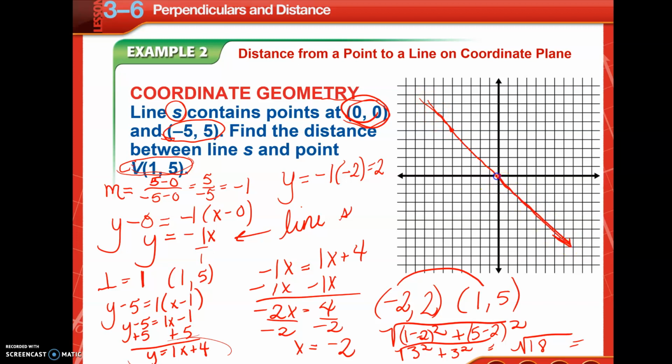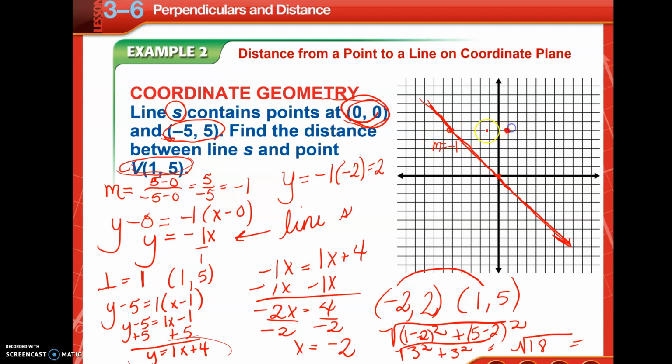It's kind of straight here. And I have that line, and then I want it to go through the point (1, 5). So if I look at the slope of this line, the slope of this line is -1.